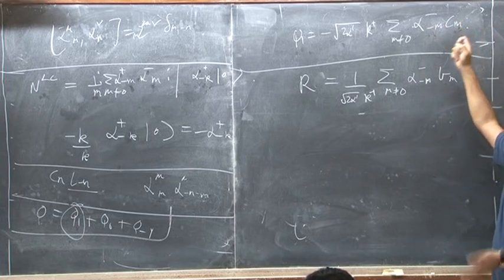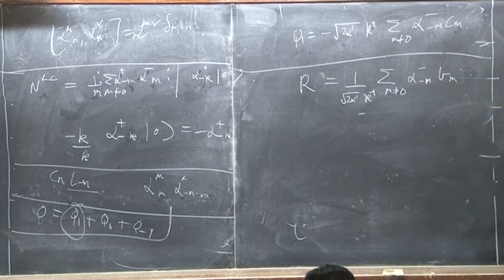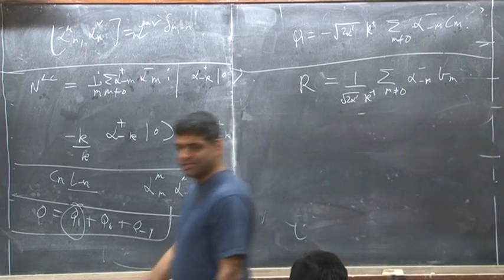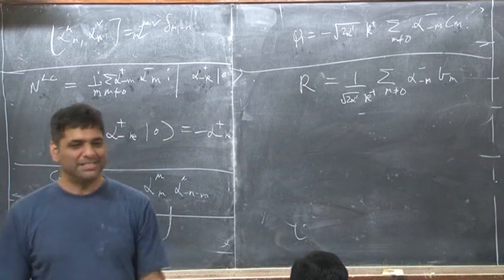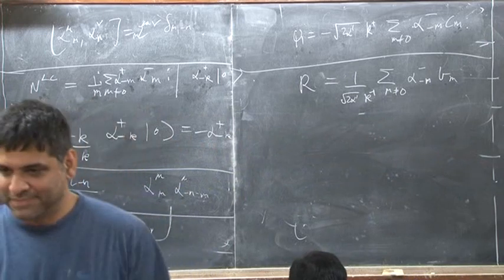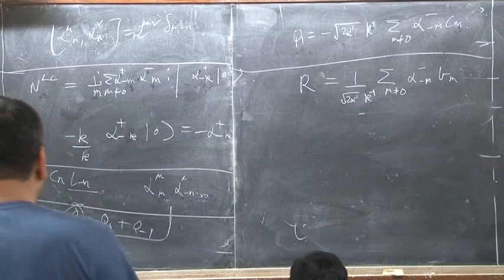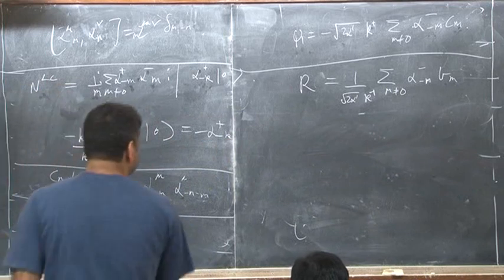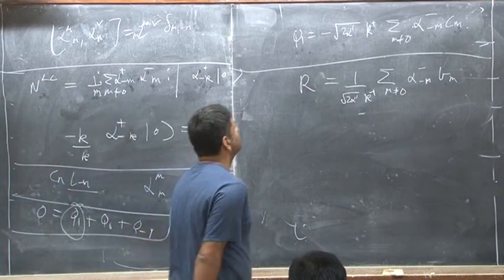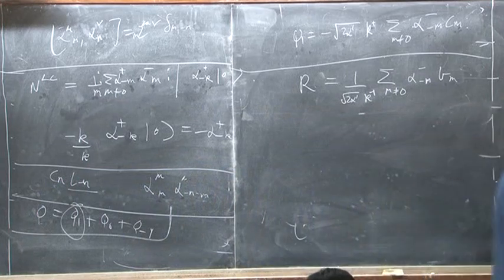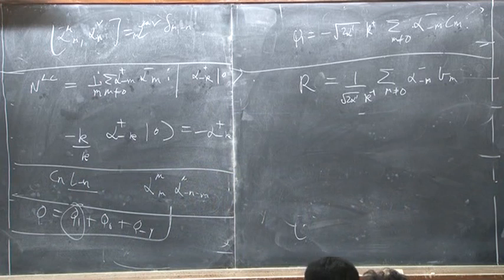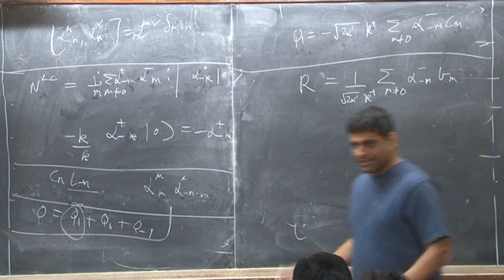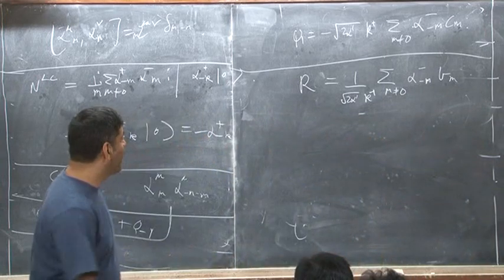Since I'm summing over all n's, the minus is going to matter. So roughly speaking, I'm dealing with a Hermitian conjugate up to some normalization, which I'm choosing for convenience. Up to normalization, the two operators I'm looking at are Hermitian conjugates. Is this clear?